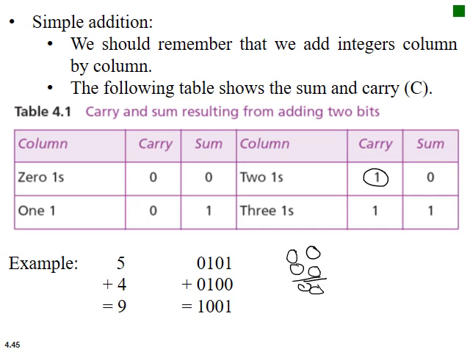If we have the following, for example, 0, 1, and we add 0 to that, then if we do the simple calculation, 1 plus 0 gives us 1, and 0 plus 0 gives us 0. So the answer is 0, 1, which is the same as basically just saying 1.